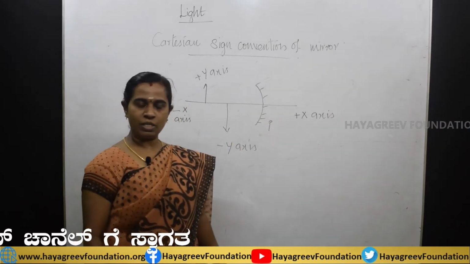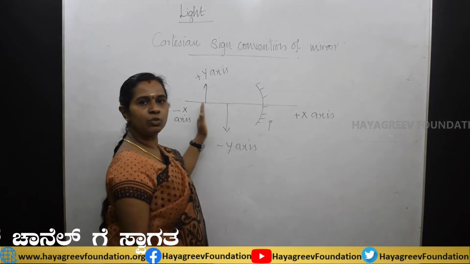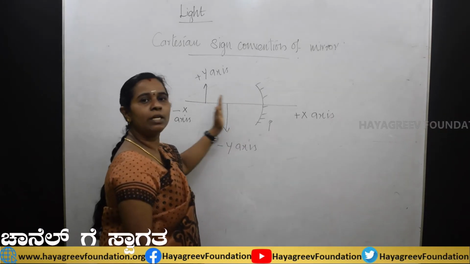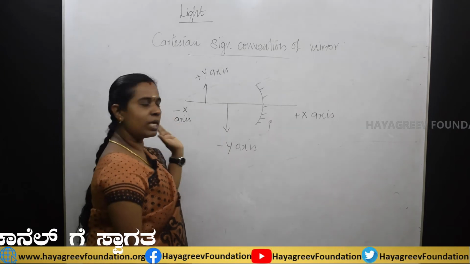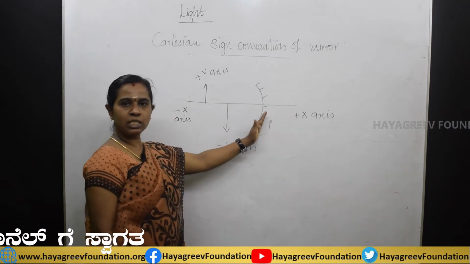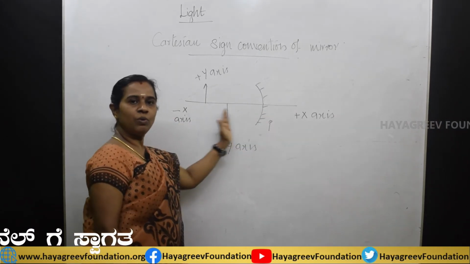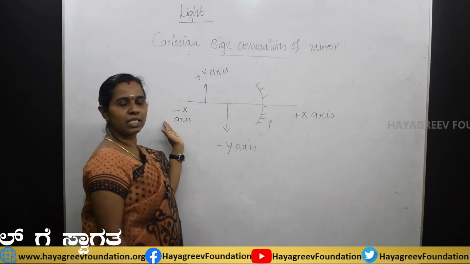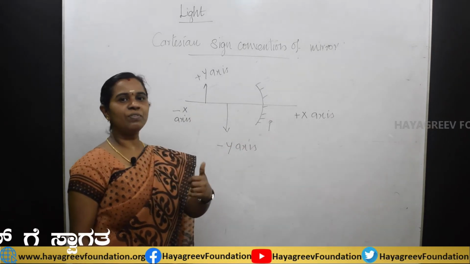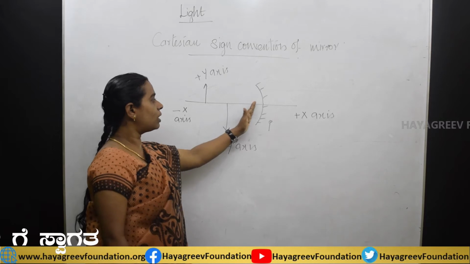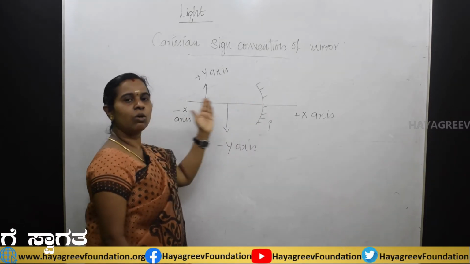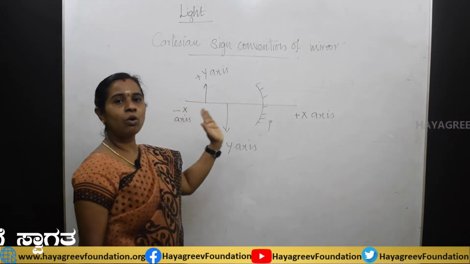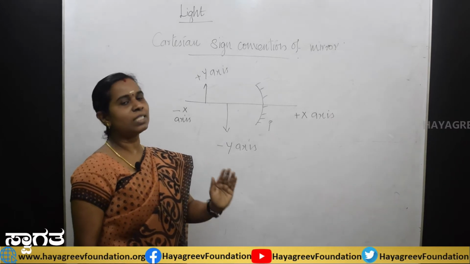So the object we keep on the left side of the mirror, the negative x-axis. If object distance is measured leftwards of the mirror, the sign we give is negative.